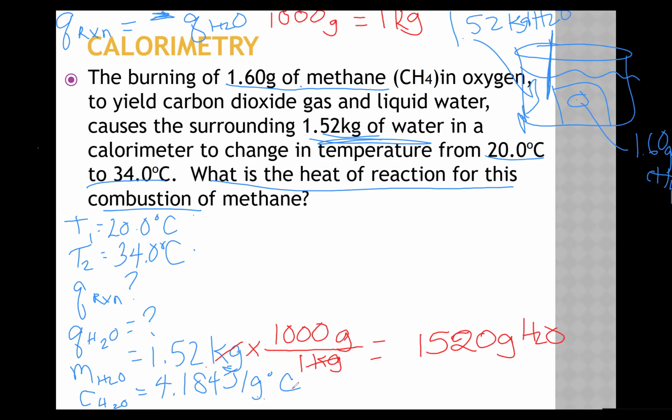Okay, now I could plug everything into my equation. Q equals mc delta T. So the Q of water equals my mass, which is 1,520 grams of water, times my specific heat, which is 4.184 joules per gram degrees Celsius, times my change in temperature, my T2 minus T1.